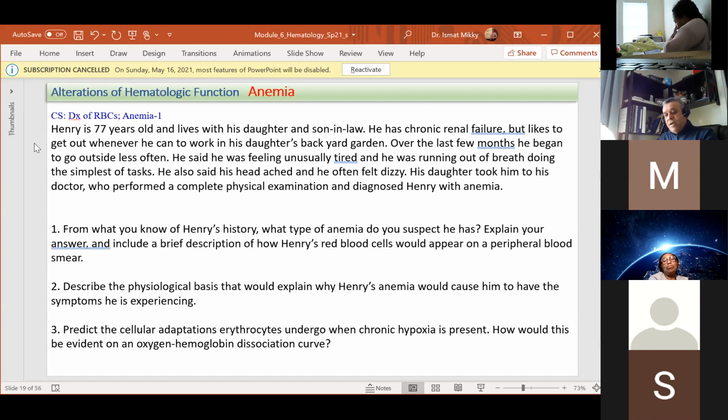Any clue from anyone? An explanation, an answer, given the discussions that we have in the previous slides? So a patient has chronic renal failure, chronic disease, anemia.